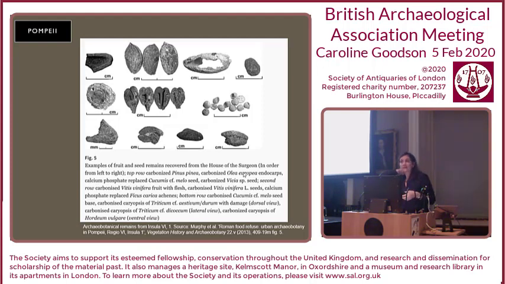And one of the things that's very notable is that we've got foodstuff. So we've got pine nuts, olive pits, grape pips, fig seeds, grain, your standard wheat grain, as well as barley.